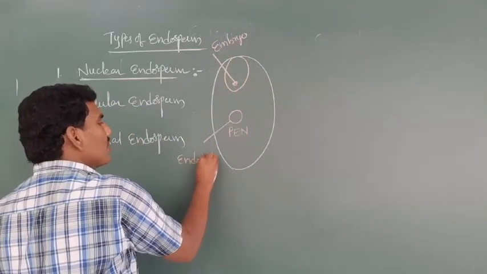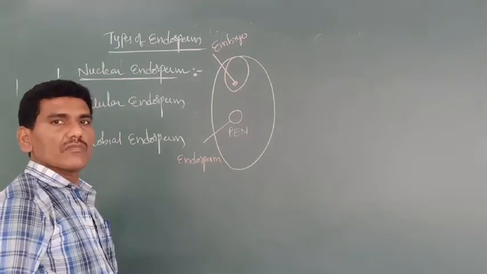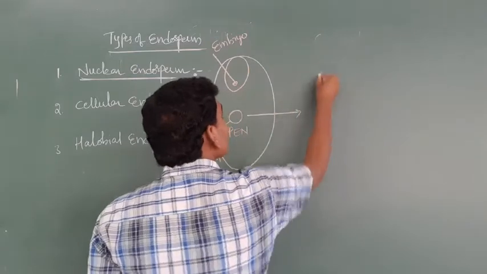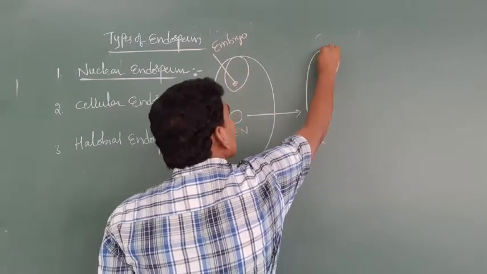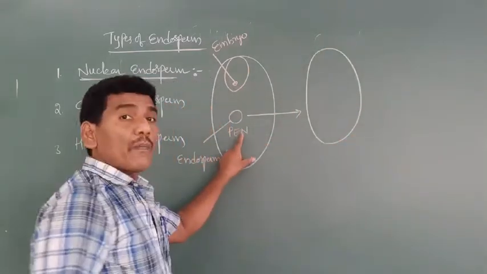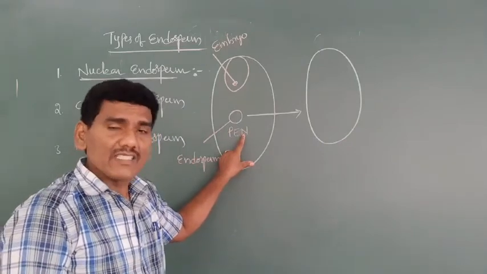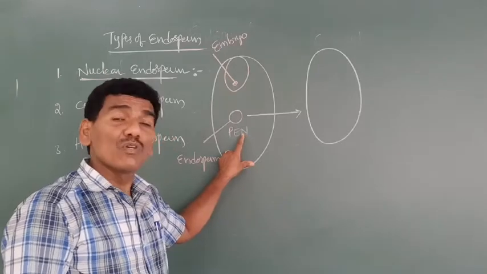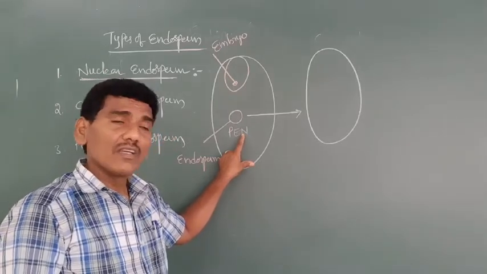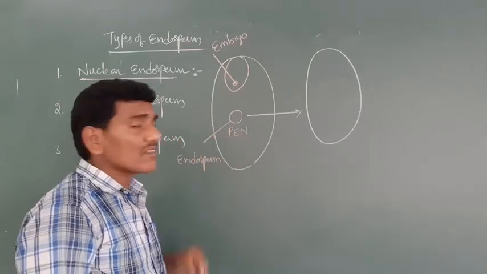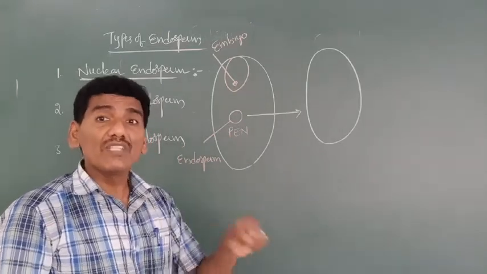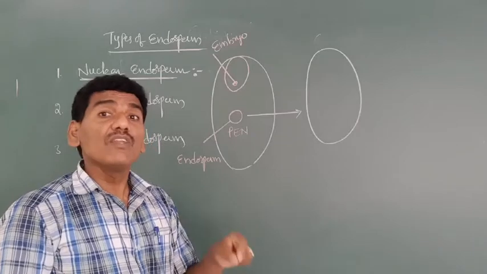This is endosperm. Here in this type, the primary endosperm nucleus or primary endosperm cell undergoes successive nuclear division to form free nuclei.